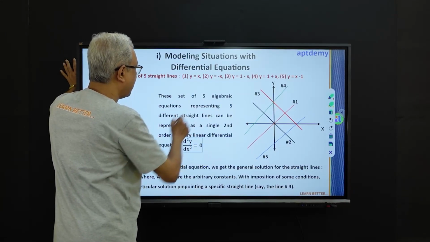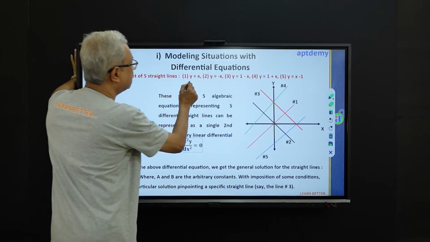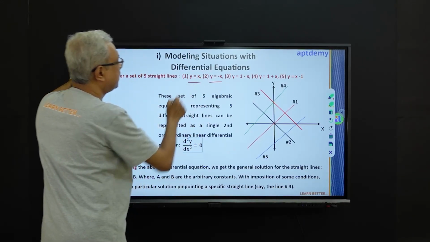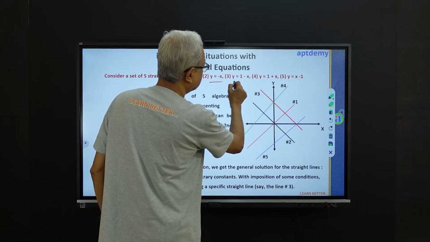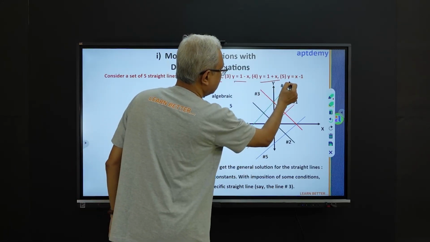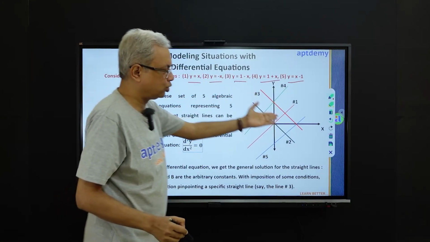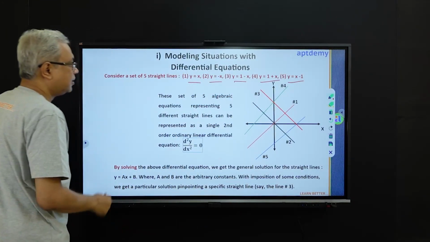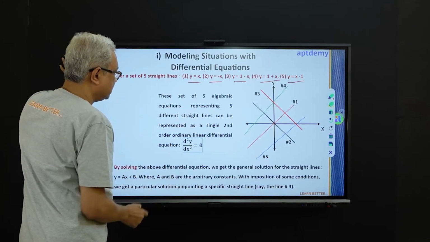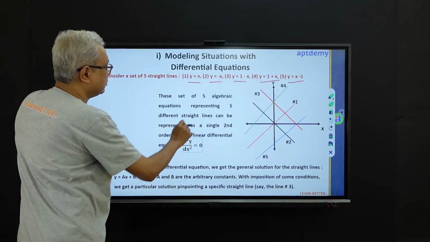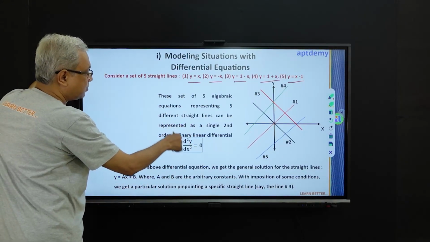All the 5 algebraic equations representing the 5 straight lines are like this: y equal to x, y equal to negative x, y equal to 1 minus x, y equal to 1 plus x, and y equal to x minus 1. These are the different straight lines shown in this diagram. Whatever be the straight line, it can be represented by this type of equation.